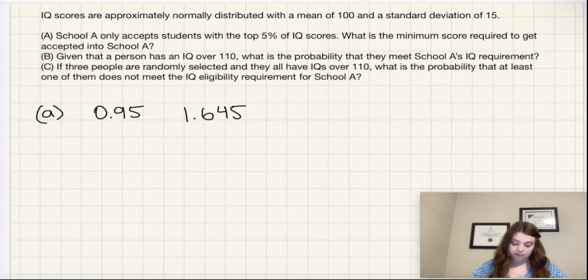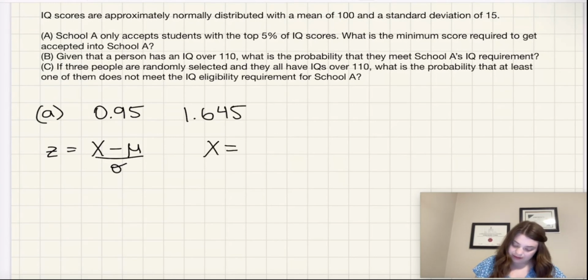So for that, we know that the z-score is x minus mu over the standard deviation. In this particular case, we're solving for x, so I'm going to rearrange this equation and get that x is equal to z-score times standard deviation plus mu.